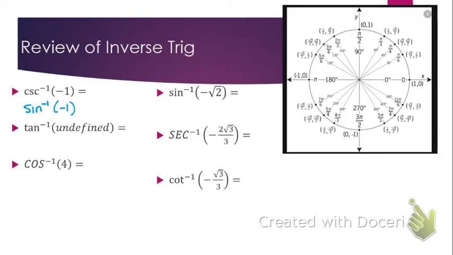So if you take 1 and flip it, you get the same answer. So what angle in quadrants 1 or 4 has a sine value of -1? So right here, sine is -1. Do you see that right there? Okay, so the angle would be 3 pi over 2. So that's the answer to our first question.